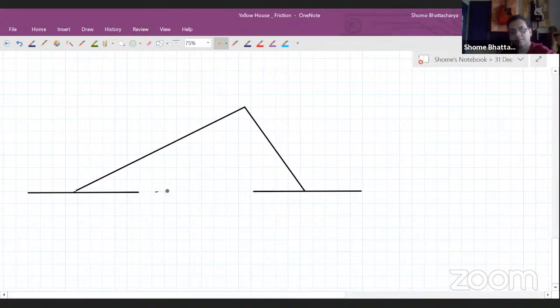So we have an inclined plane like this, where this angle is 37 degrees, this angle is 53 degrees.